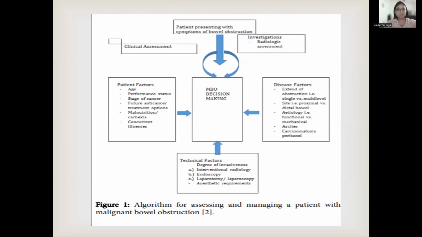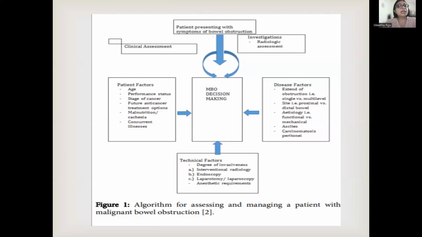So check for the performance status of the patient. You can follow the Karnofsky's, or you can follow the ECOG performance status scale. And if the patient has a good performance status, this patient could be a candidate for aggressive treatment.